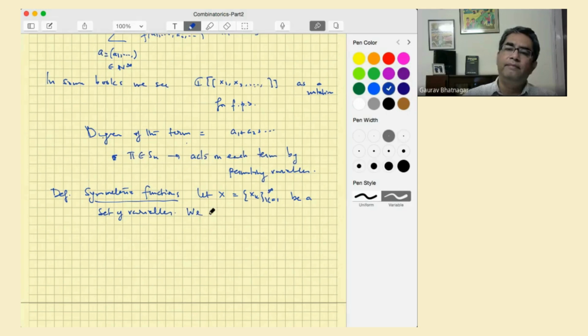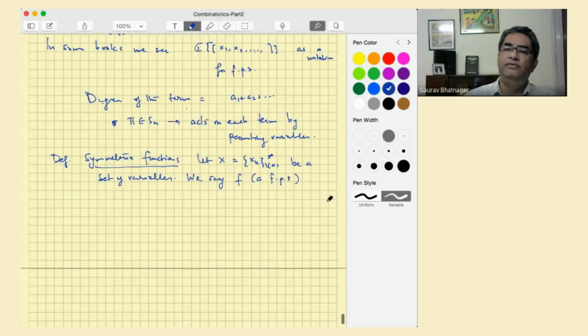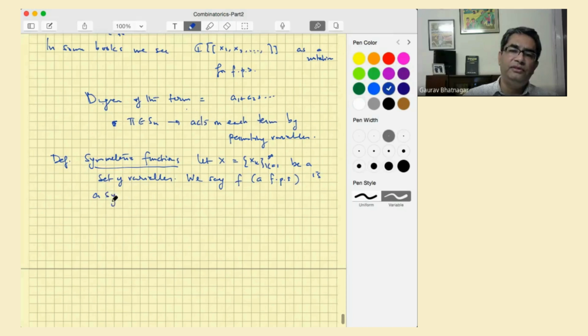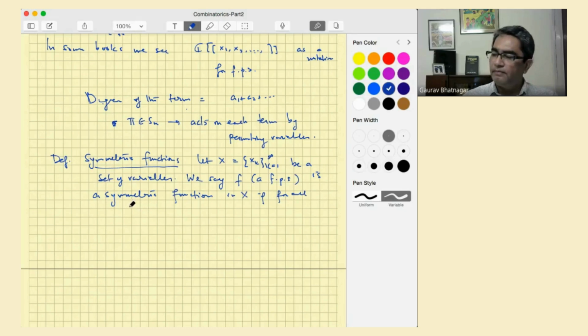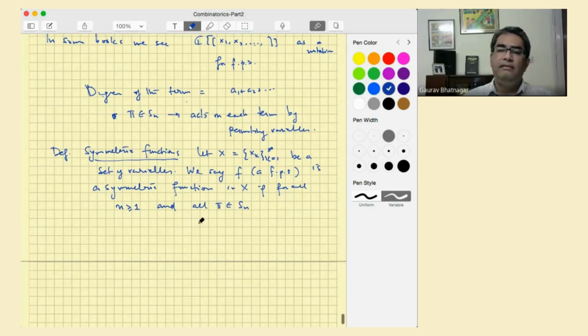We say f, a formal power series as above, is a symmetric function in X if for all n bigger than or equal to 1 and all pi belonging to Sn, pi of f is equal to f.